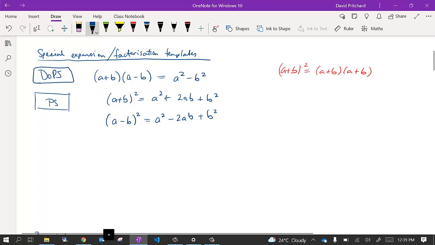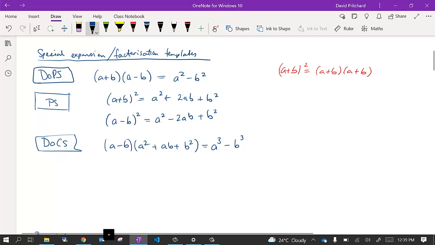Now the ones that you don't know that I probably would like you to know in the long run is difference of cubes, so DOCS, and that will be a subtract b multiplied by a squared plus ab plus b squared. So that will expand to a cubed take b cubed. Now it won't pop up very often, but it will pop up.